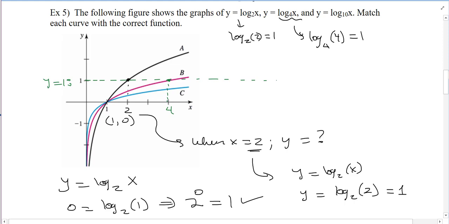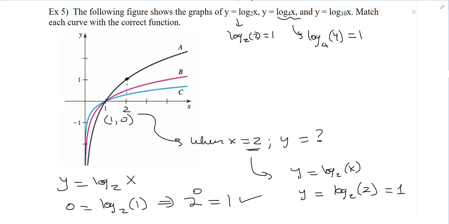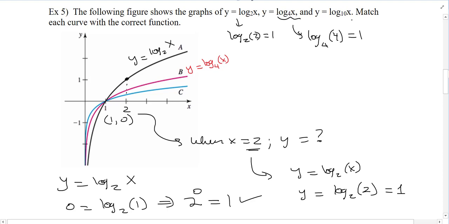So that must be log base 4 of x. So I can write the names here. For the black one, this is y equals log base 2 of x. And then this one's going to be y equals log base 4 of x. And so the blue one must be log base 10 of x.